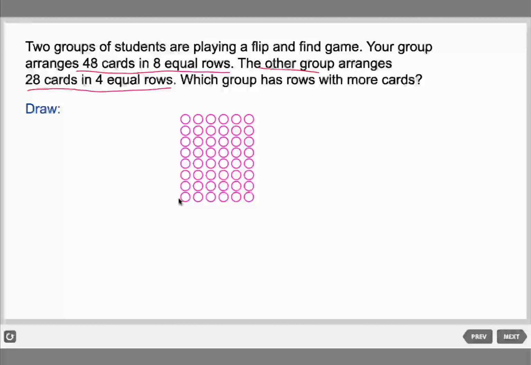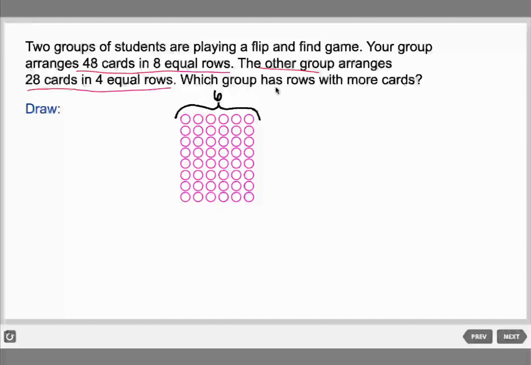So, this is for your group. Help me, my heroes. How many cards or how many counters in each row? I mean the number of columns. 6. Great, so we have 6 columns or 6 cards in each row.